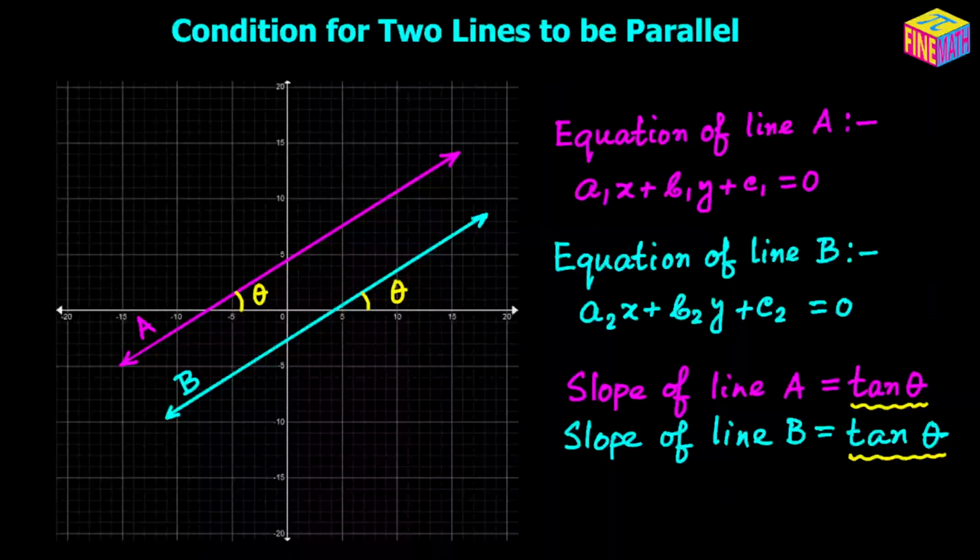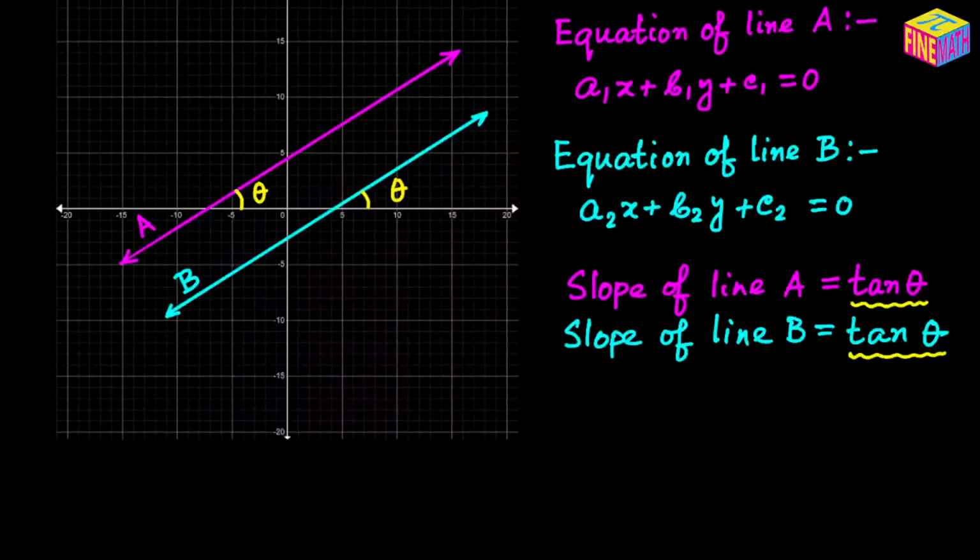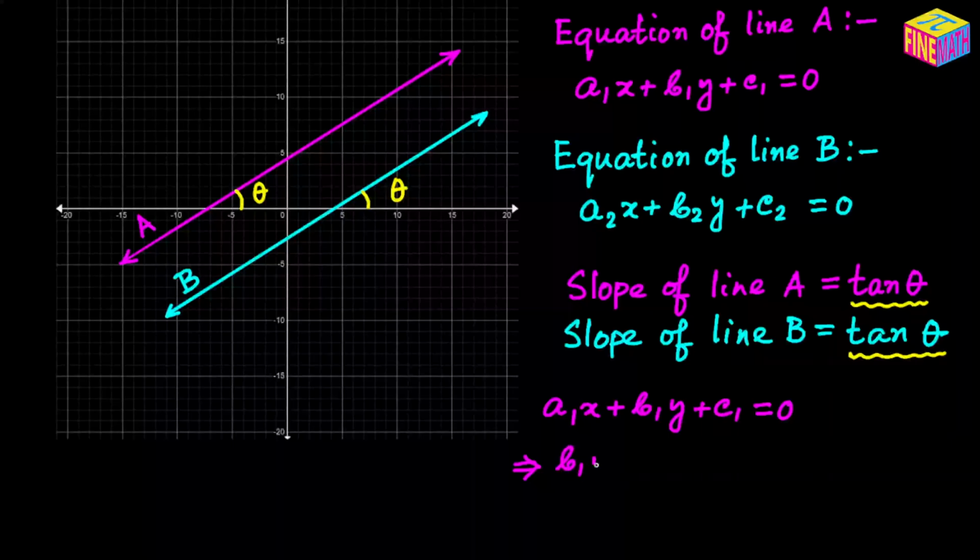Now with that, let's try to convert the equations of these two lines into the slope-intercept form. Our equation of the first line is a sub 1 times x plus b sub 1 times y plus c sub 1 is equal to 0. Now I'm going to convert that into the slope-intercept form. We're going to keep the y term on the left hand side, so b sub 1 times y would be equal to negative a sub 1 times x minus c sub 1.